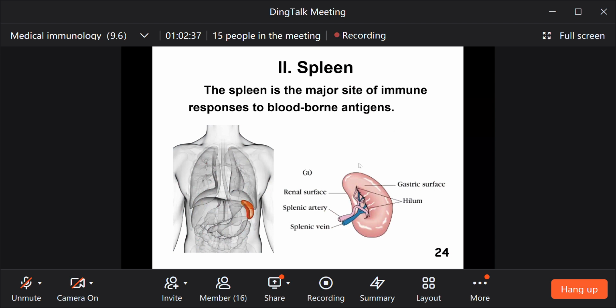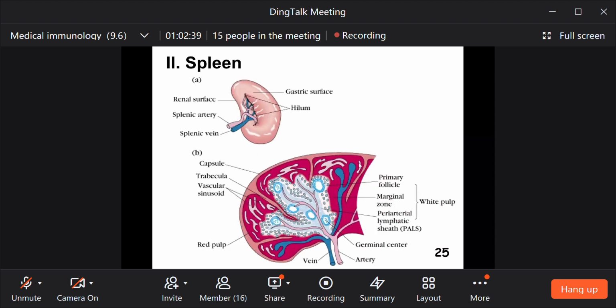It is usually purple in color and located in the upper left of the abdomen, behind the stomach, in front of the diaphragm and next to the left kidney. The spleen can vary in size and shape dramatically.